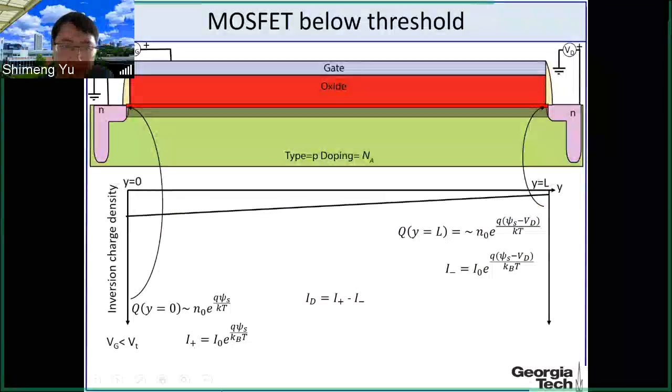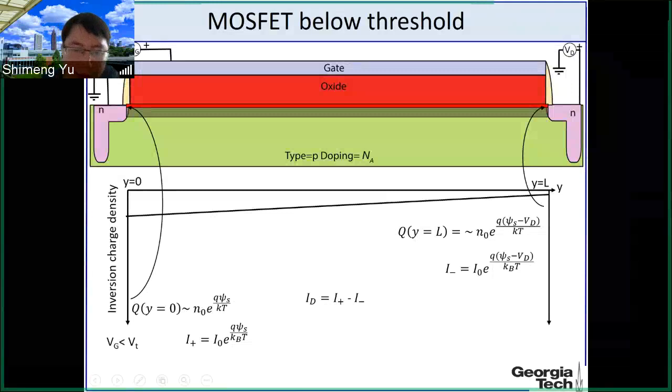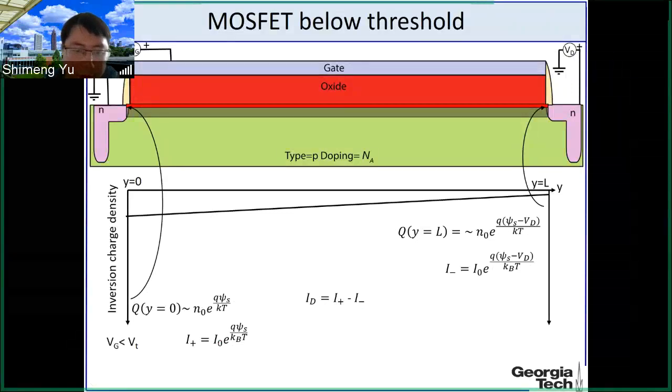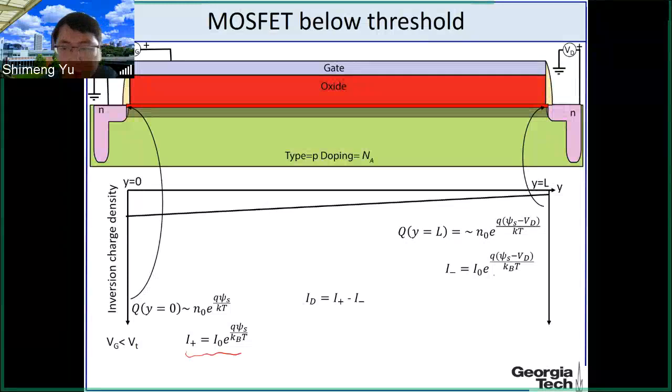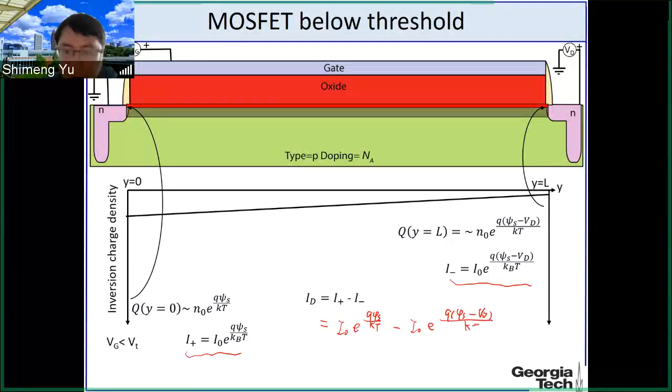Okay, so let's do that. This net current is the difference between those two, I plus and I minus, so we just do the subtraction. You can extract the common terms out.